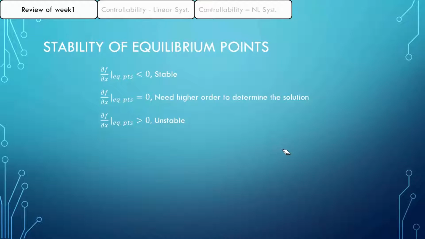The way we evaluate is to take the partial derivative of f with respect to x, where x is the equilibrium point.